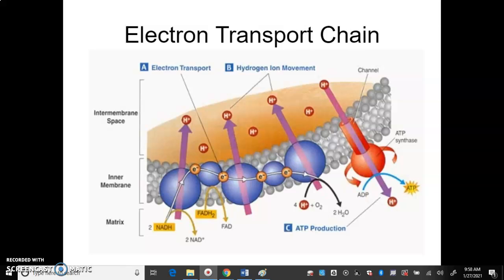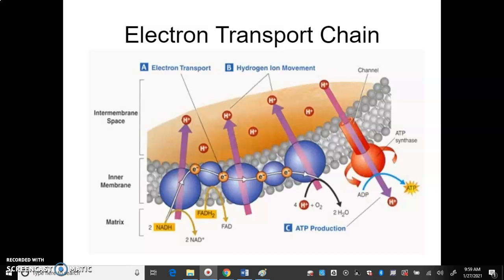You can see the hydrogens are going to be pumped to the inner membrane space side. Remember, that's the area between the inner and outer membrane. The H pluses are moving across the membrane. And you also see the electrons being given up. The electrons are traveling down the electron transport chain.